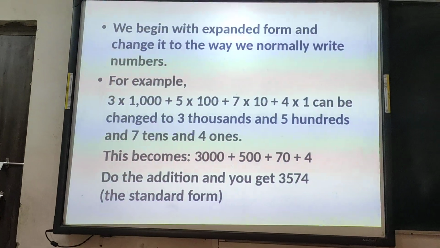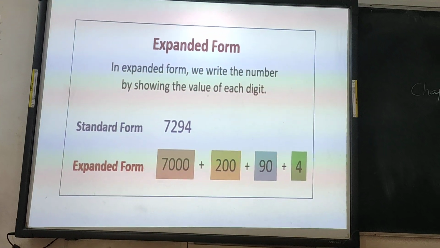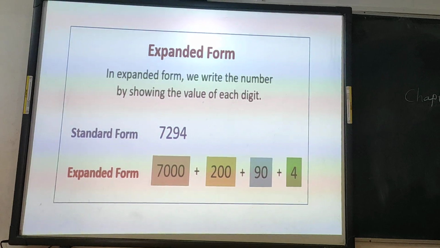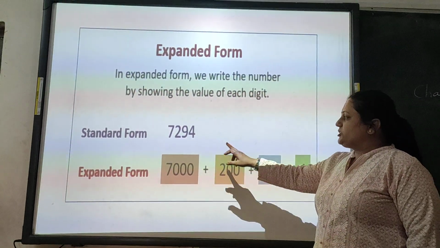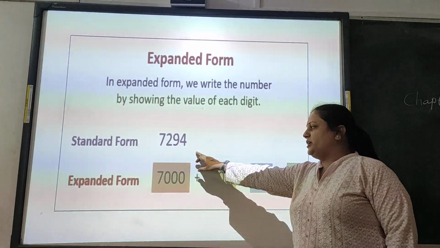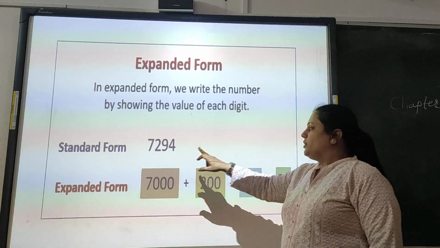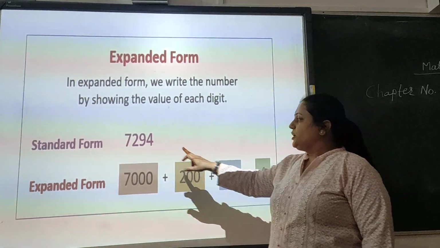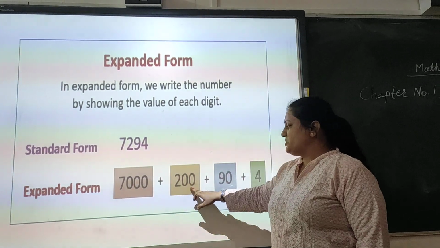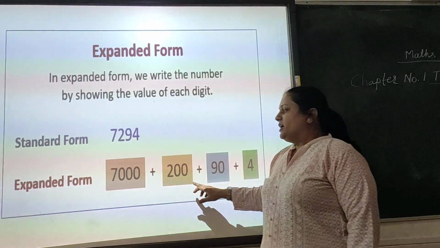Okay, as I told you, we are going to learn expanded form and standard form. So see here, expanded form. In expanded form we write the number by showing the value of each digit. So see the number 7294. See 4 on the ones place, so its place value is 4. 9 on the tens place, so its place value is 90. 2 is on the 100 place, so its place value is 200. 7 is on the 1000 place, so its place value is 7000.